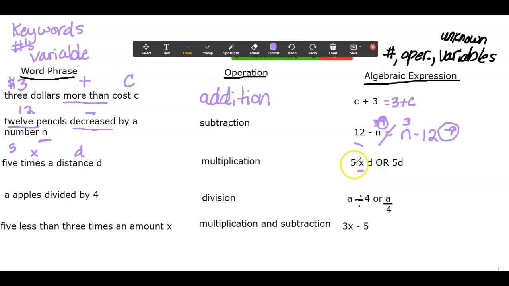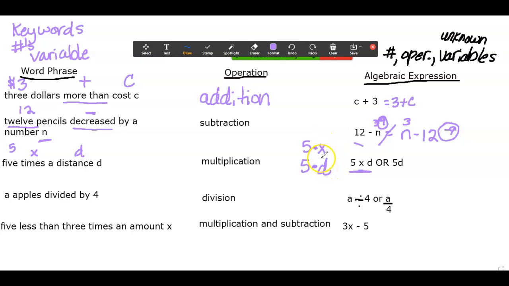So if I don't have x, I can write it this way, 5xd, meaning 5 times d. Another way, sometimes we use this little dot to represent multiplication. So if I had x as my variable instead of d, I might write it like that.